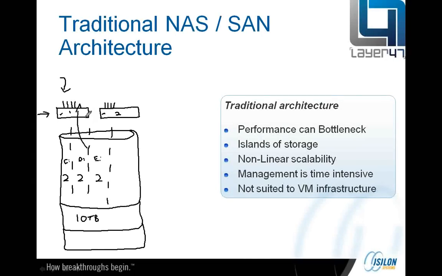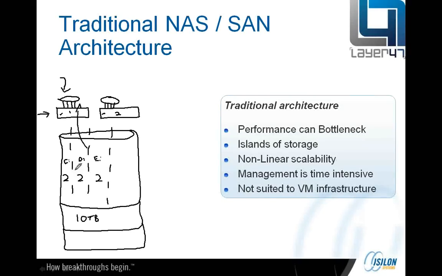You can't add more host ports, you can't add more CPU, and you can't add more cache typically, or if you can, it's very small increments and it's limited to a one-time only upgrade. So what happens is very quickly you bottleneck these incoming host ports here, and there just isn't enough bandwidth or processing power relative to the amount of storage that you've got in the tray here.